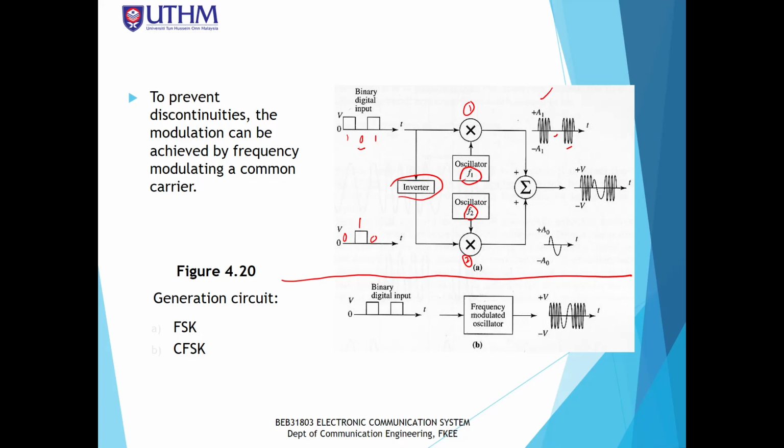For the second balance modulator, we are multiplying the sine wave of frequency F2 from the oscillator with the input. So 0 multiplied with the sine wave gives 0 output. Input logic 1 multiplied with oscillator frequency F2 produces an output sine wave. Remember, F2 has a frequency less than F1.